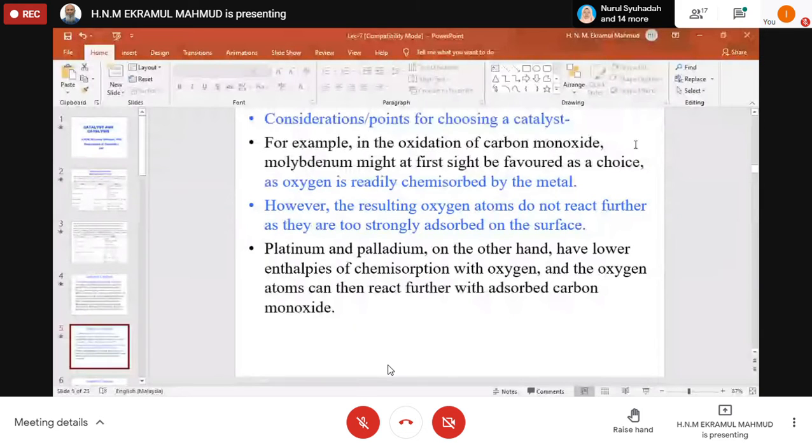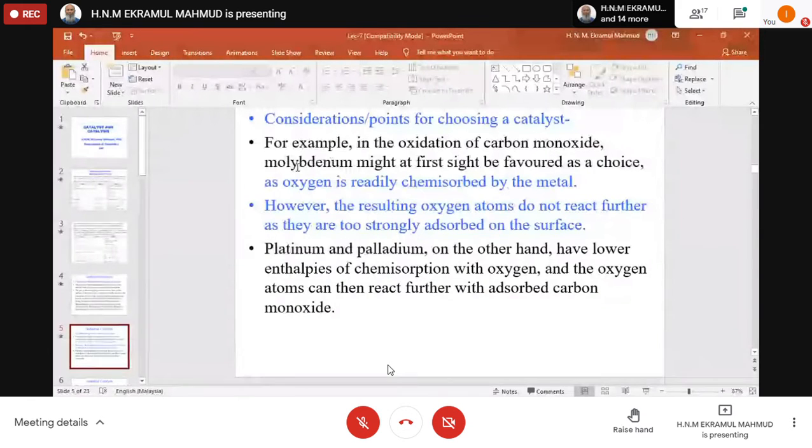So molybdenum may, at first sight, be a catalyst choice, because we need oxygen to convert carbon monoxide to carbon dioxide, and this oxygen can be well chemisorbed on the surface of molybdenum.